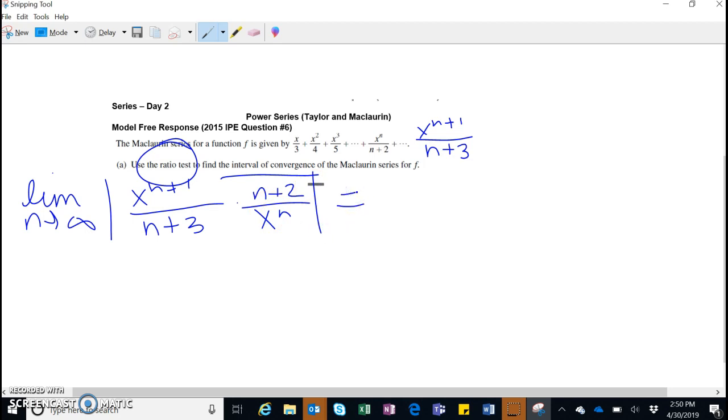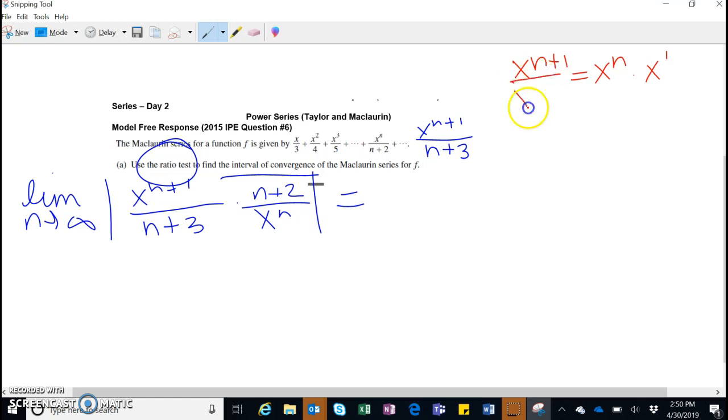Now, based on this, I can simplify my x terms. Side note, I talked about this in yesterday's video. Let's not forget, x to the n plus 1 is the same as x to the n times x to the 1, because properties of exponents allow me to decompose that.